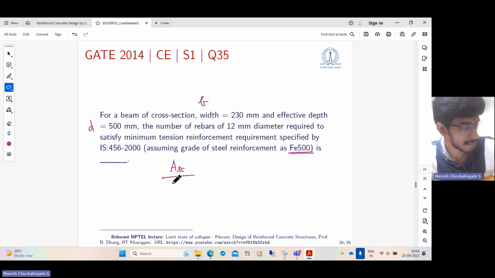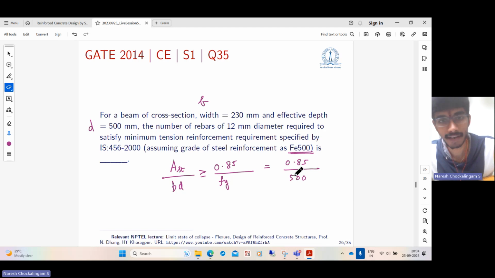Ast divided by bd should be greater than or equal to 0.85 divided by fy. So this right hand side is 0.85 divided by 500, and left hand side is what? So we have n number of bars. n is what we need to find out. How many we need?